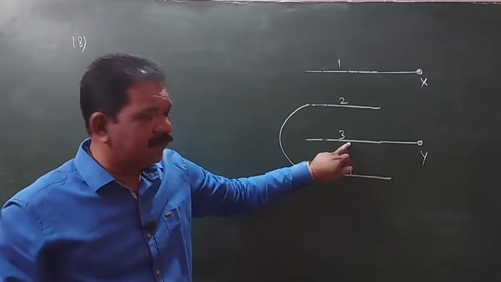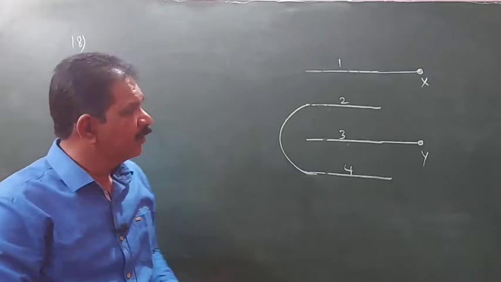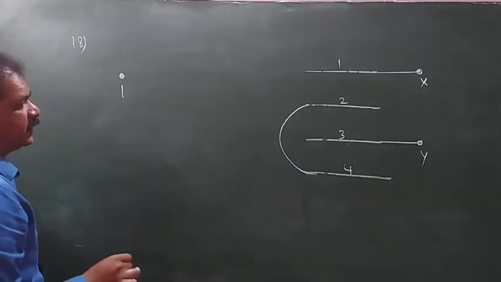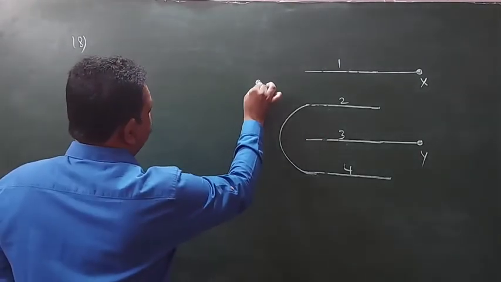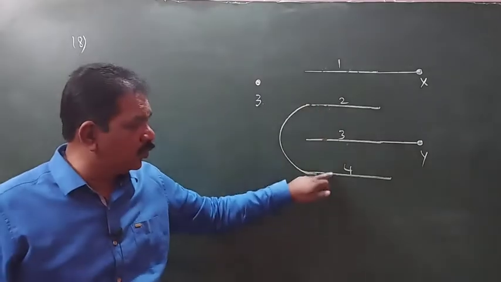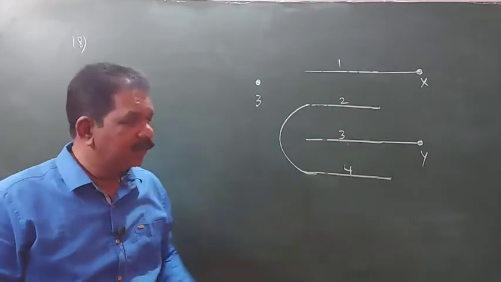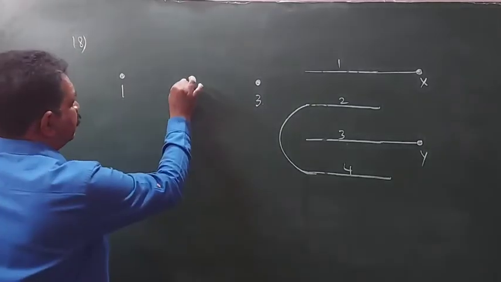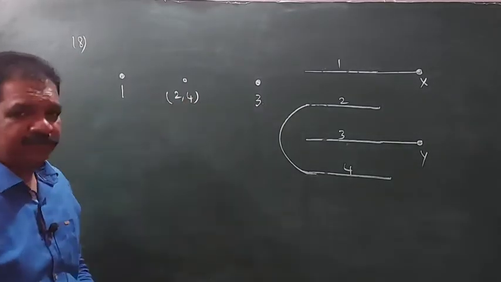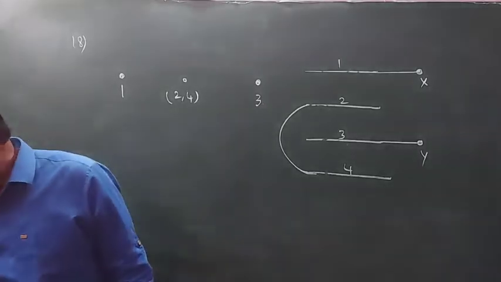Between these 2 plates you have to find. So that is X place 1, plate 1 is there, Y place plate 3 is there. These two are connected, so what will happen? 2, 4 are at the same potential. Now what to do?